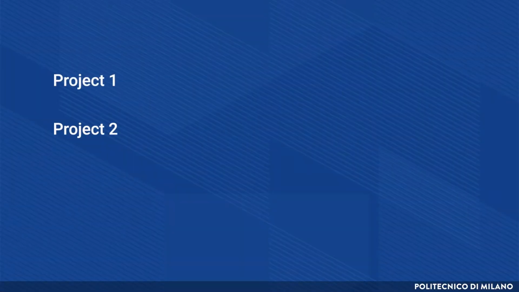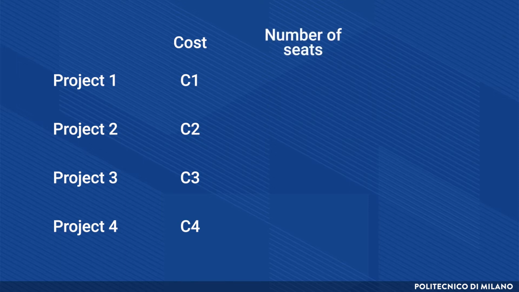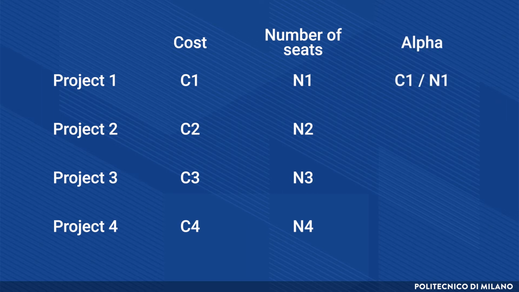I can take past projects, let's say project 1, project 2, project 3, project 4, and I can go check the final cost of those projects, named C1, C2, C3, and C4. Now, what we can also do is to go to see the number of seats that we develop for those projects, named N1, N2, N3, and N4. So finally, I can calculate a parameter, let's call it alpha, which is C1 over N1, and C2 over N2, C3 over N3, and so on.